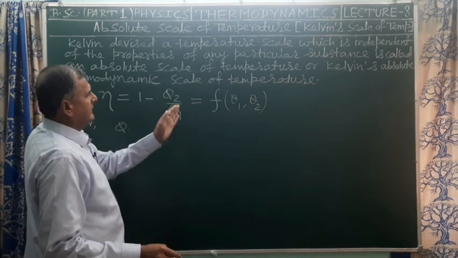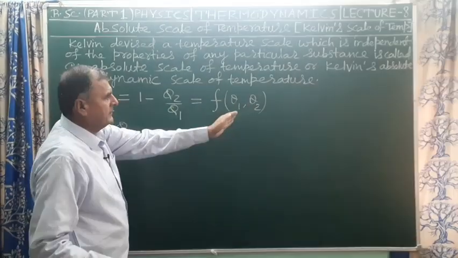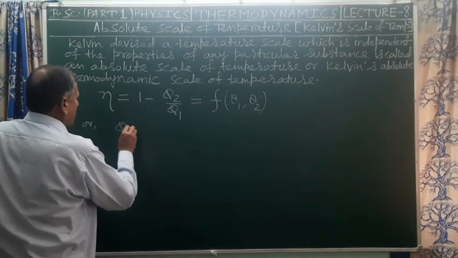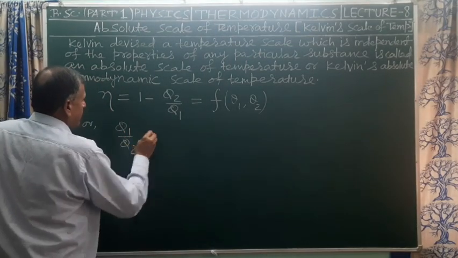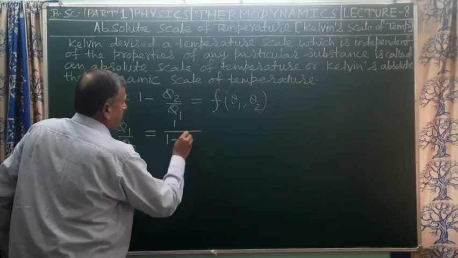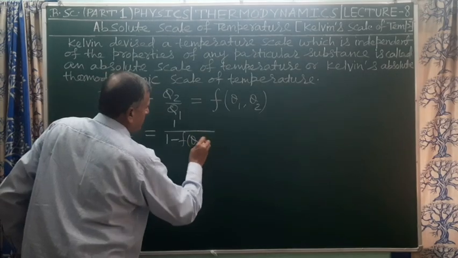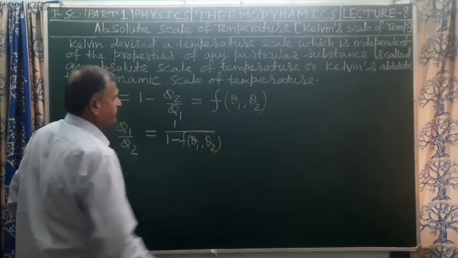We can write Q2 by Q1 as 1 minus f(θ1, θ2). Therefore, Q1 by Q2 we can write as 1 upon 1 minus f(θ1, θ2), a function of two temperatures θ1 and θ2.